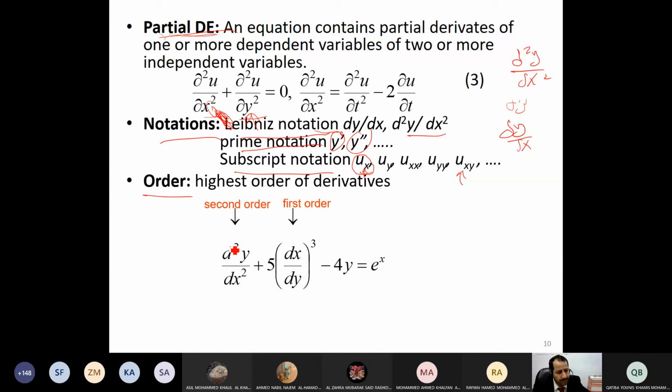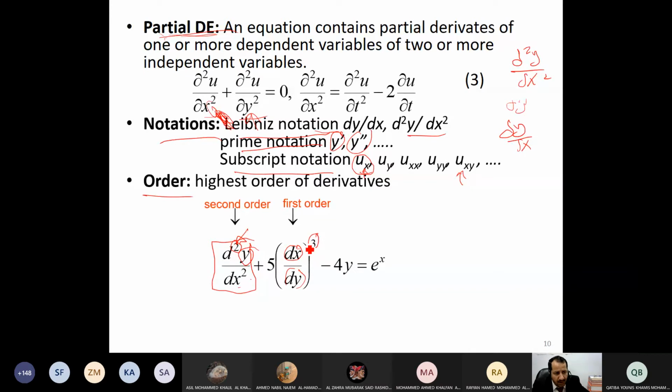Have a look at this one. d square y over dx square tells me that y has been differentiated twice. The 2 means twice, so the order of this differentiation is second order. While this one, dx over dy, has been differentiated one time.